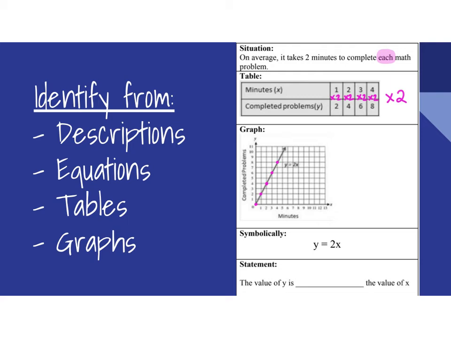So this would be a multiplicative relationship. Down below, we see the equation, y equals 2 times x. Since our equation has multiplication in it, we can identify this as a multiplicative relationship. And our description down below would read, the value of y is 2 times the value of x.